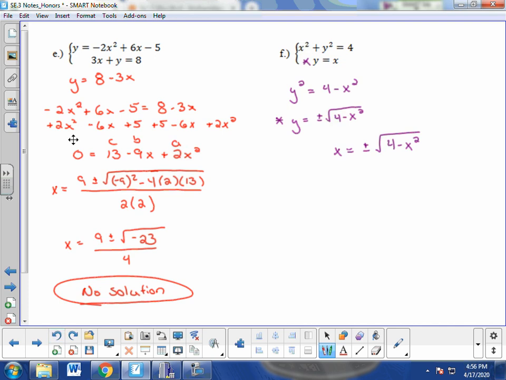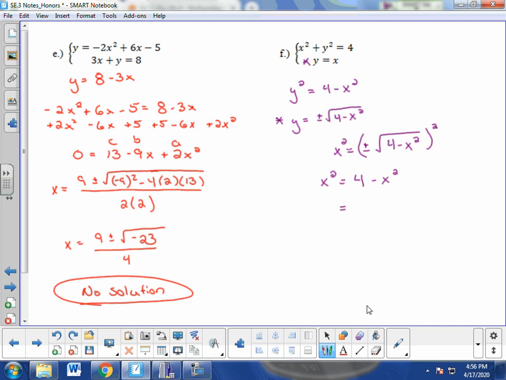So I need to get rid of the square root, which means I need to square both sides of the equation. Well, that's pretty easy on the left side. X squared is just x squared. On the right side, the square root and the square undo each other. Remember, again, the plus or minus is basically attached to the square root. So x squared equals 4 minus x squared. And now I can add x squared to both sides.